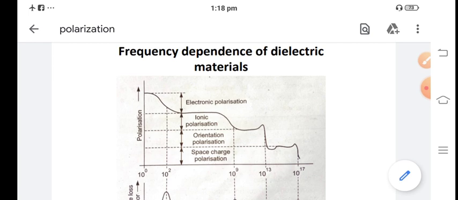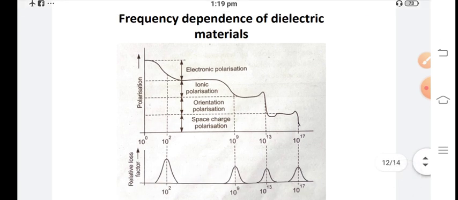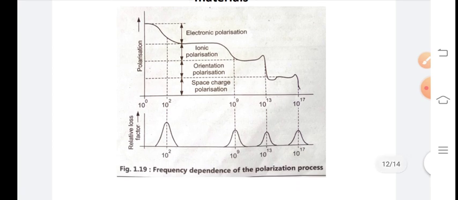The relaxation time is the measure of the polarization process, and is the time taken for a polarization process to reach 67% of its maximum value.